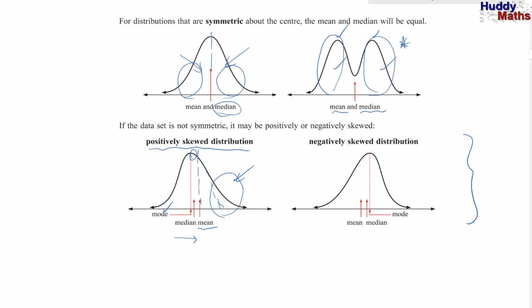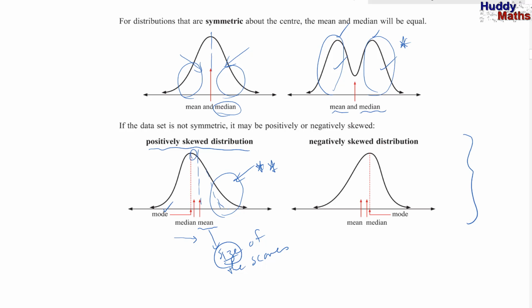Now let's pause and maybe discuss this with your classmates. Why would the mean move further to the right? All right, let's come back and look at the answer. The answer is because you actually add up here, the mean takes account of the size of the scores, not how many there are alone, but the size. So these are quite large, aren't they?